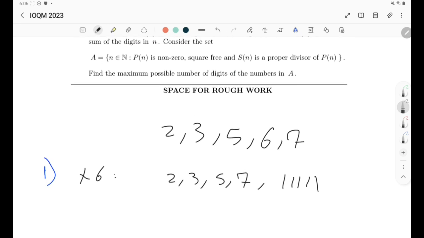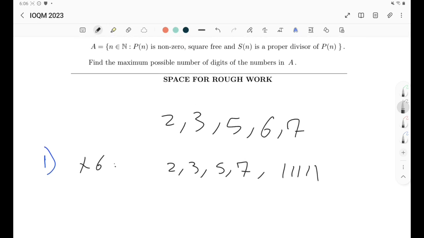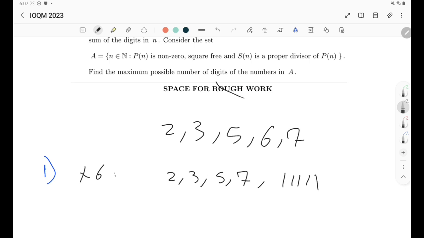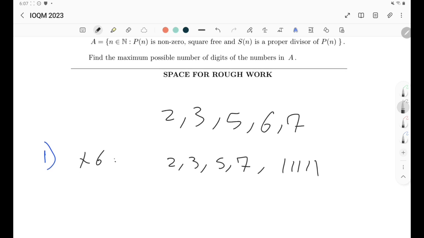Okay. And what they told us is we want Sn to be a proper divisor of Pn. And of course we want to maximize the number of digits, so we need to find the maximal n possible. So actually, if you think about it, we just want to add as many digits as possible. Right now the product here is at most 2 times 3 times 5 times 7, and the sum is going to be 2 plus 3 plus 5 plus 7 plus the bunch of 1's.